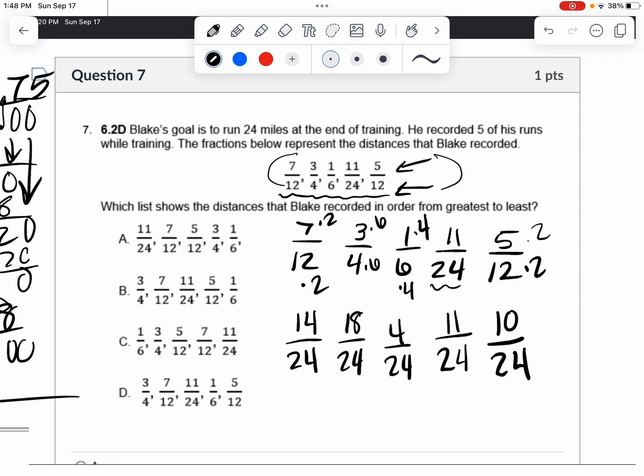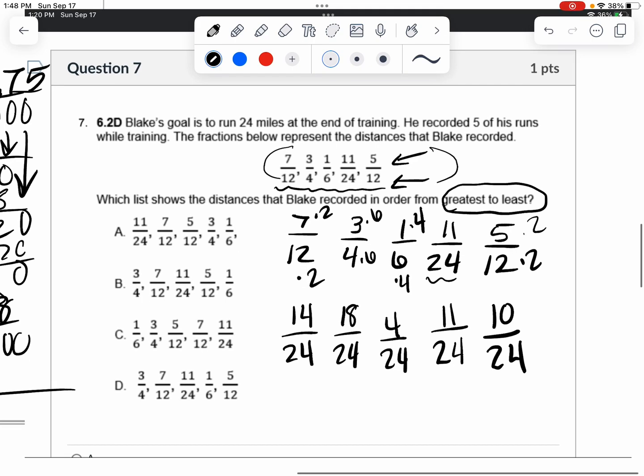Now I'm ready to list them greatest to least because I found my common denominator and changed them to the equivalent fractions. And now, I remember I have to list them in the original fraction that they were given to me. But I'm going to look at my numerators and see which one is my greatest numerator, which is 18 24ths. So 3/4 is going to go first. Okay, so I'm going to mark that out.